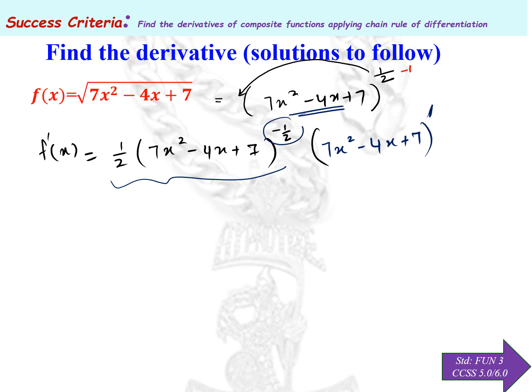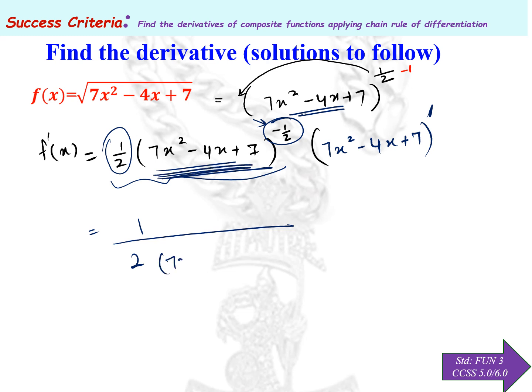But there is a negative power, so bring the function into the denominator to convert the negative power into positive 1. Look here, it's half, so 1 over 2, because 2 is already written down. Bring this function into the denominator, and on shifting the place, the sign of the power converts.